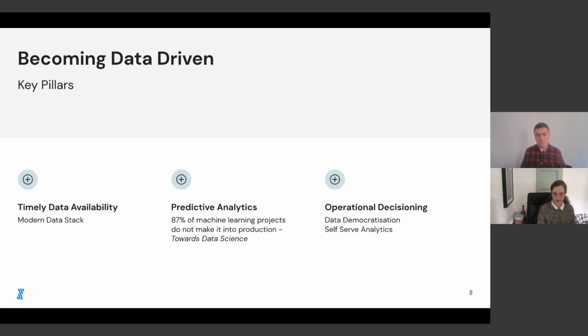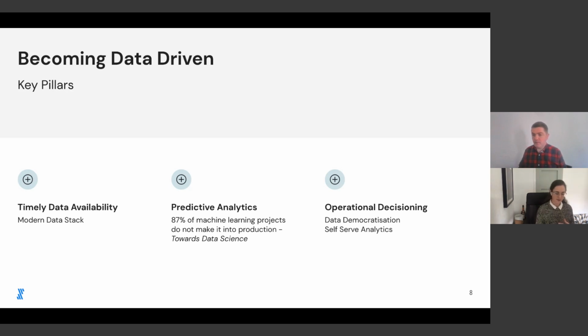There are a lot of different reasons for that, down to data quality, lack of data governance, and people not being overly familiar with data science and how it works. So I don't think we've really cracked that nut yet as a data industry.